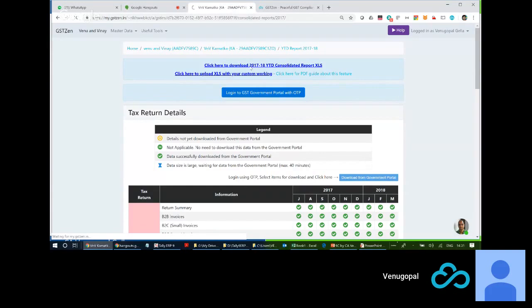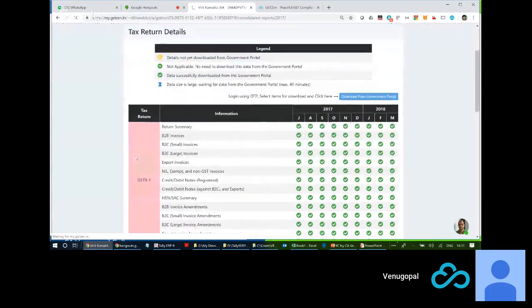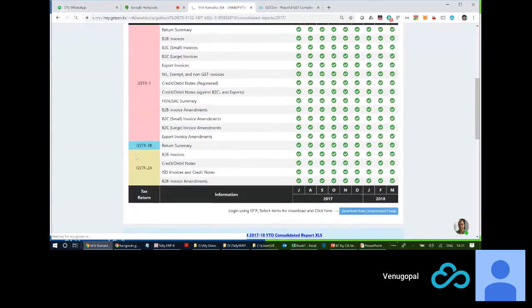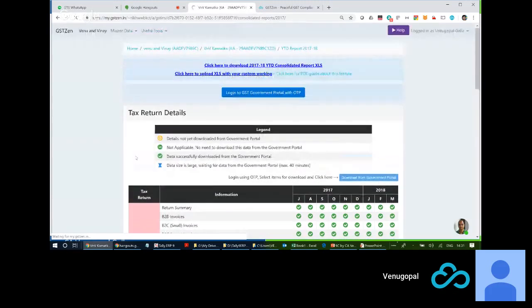When you click, all the data filed for 2017-18, GSTR-1, GSTR-2A, GSTR-3B, gets downloaded, and it takes maybe less than a minute. It downloads all the 2A data, return-wise data, everything, and you can use it for filing GSTR-9.